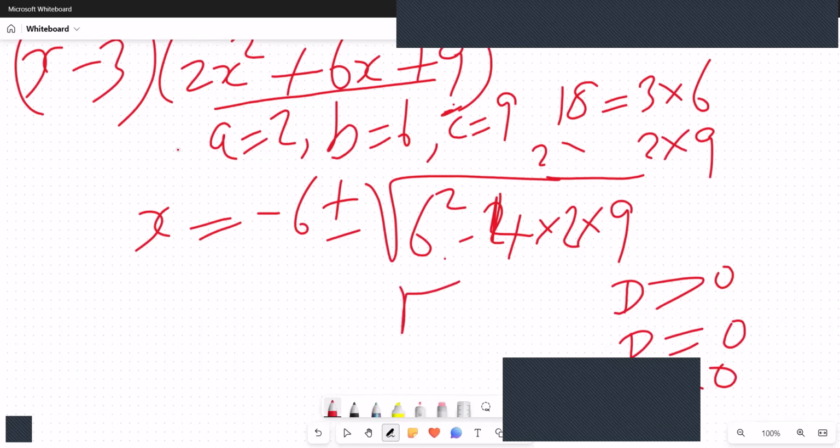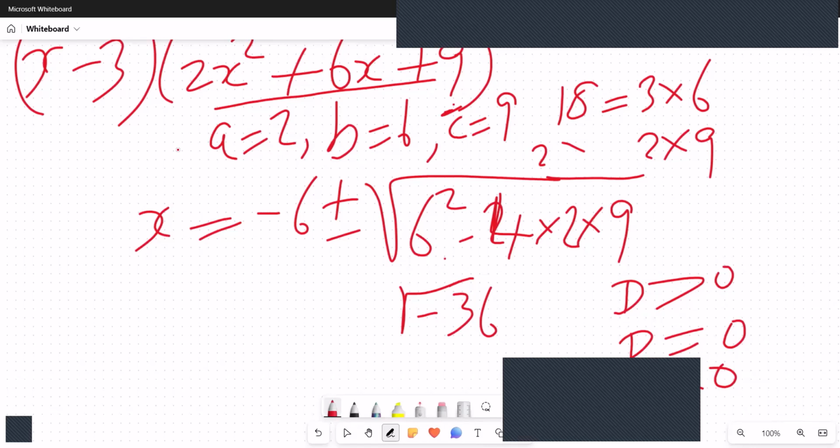So the discriminant is actually less than 0. 36 minus 72 is negative 36.